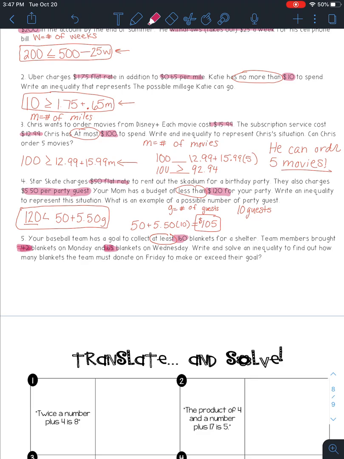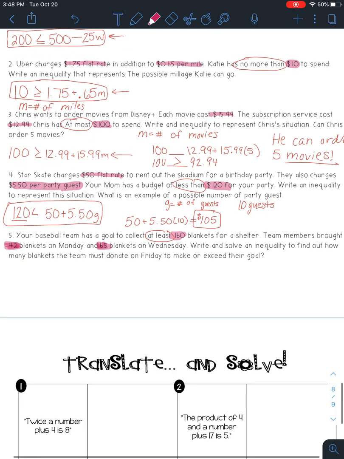So let's get going. So we need at least 160. So I'm going to put 160 over here. Nope. All my pens are dying. Let's see. We got 160 right here. There we go. 160. Okay, so far we have 42 blankets plus 65 blankets plus I don't know.